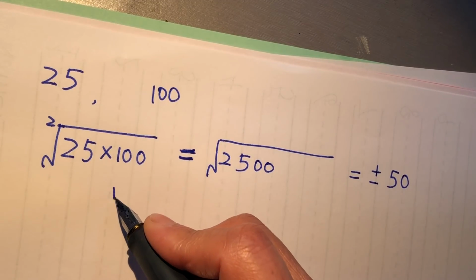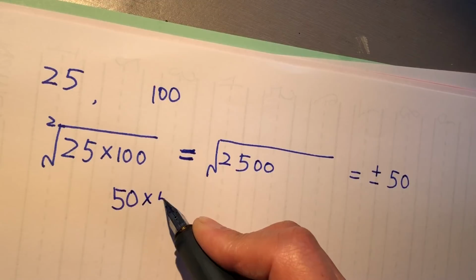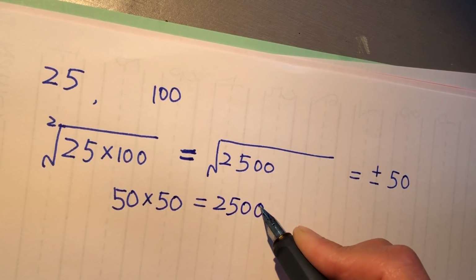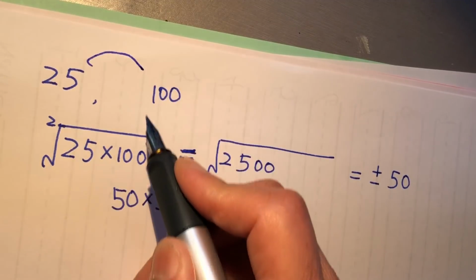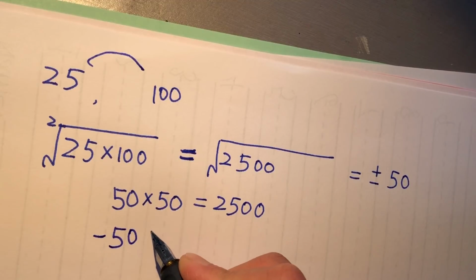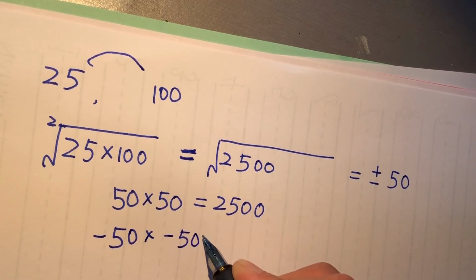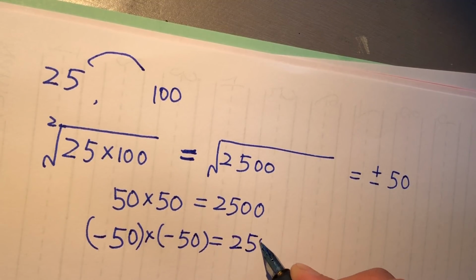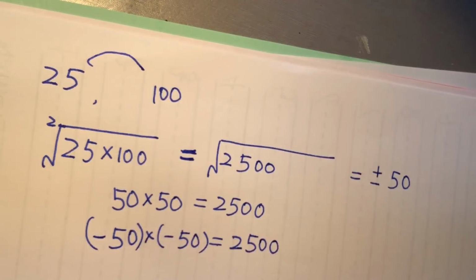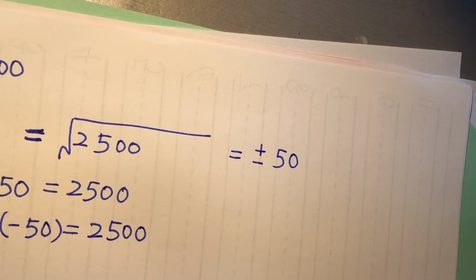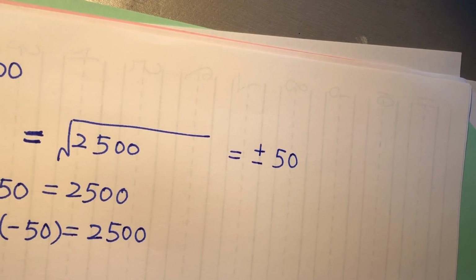Because positive 50 times positive 50 equals 2,500, which is the two numbers multiplied together. Negative 50 times negative 50 equals, negative times negative is positive, 2,500. It is still the same number. So the answer is positive and negative 50.